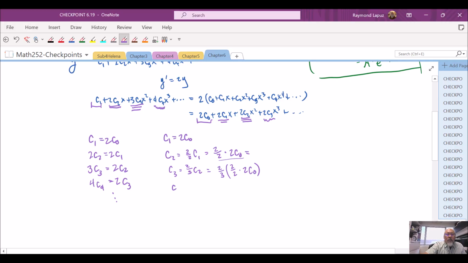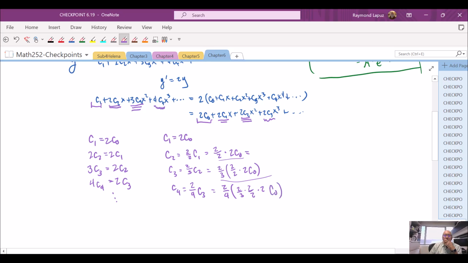The next one is C4, and that would equal 2 over 4, which I'm not going to simplify, times C3. So that's 2 over 4 times C3, which we just found before, so that's 2 over 3 times 2 over 2 times 2 over 1 times C sub 0.